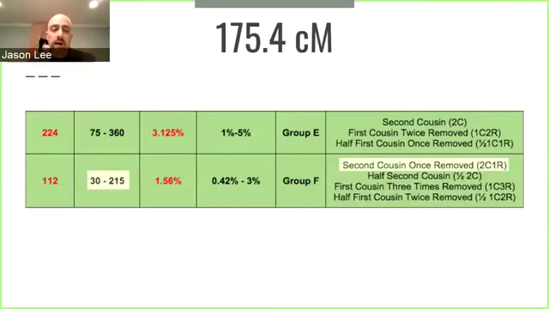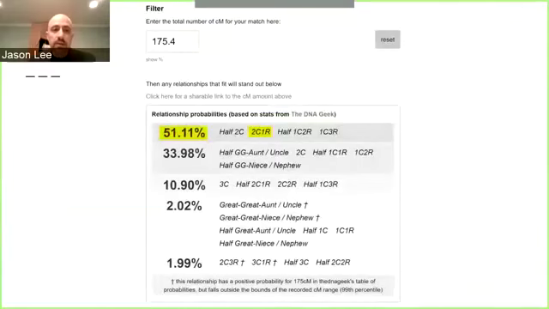So by looking at the average for my entire family, we got closer to the truth, and so I think there's an important lesson there. It's the same thing with Jonny Perl's tool. We put 175.4 into that tool, and then the category including second cousin once removed rises to the top of the list as the most probable explanation for the shared DNA.